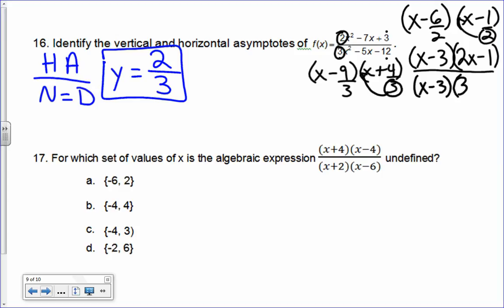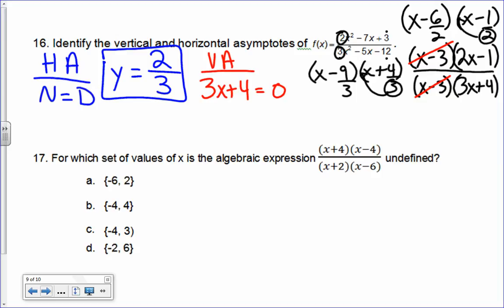You got 3x plus 4. The reason we did that is because this rational has a hole. These x minus 3's that cancel mean there's a hole at positive 3. So you want to take what's left on the bottom to find the vertical asymptote. And what's left on the bottom is 3x plus 4.